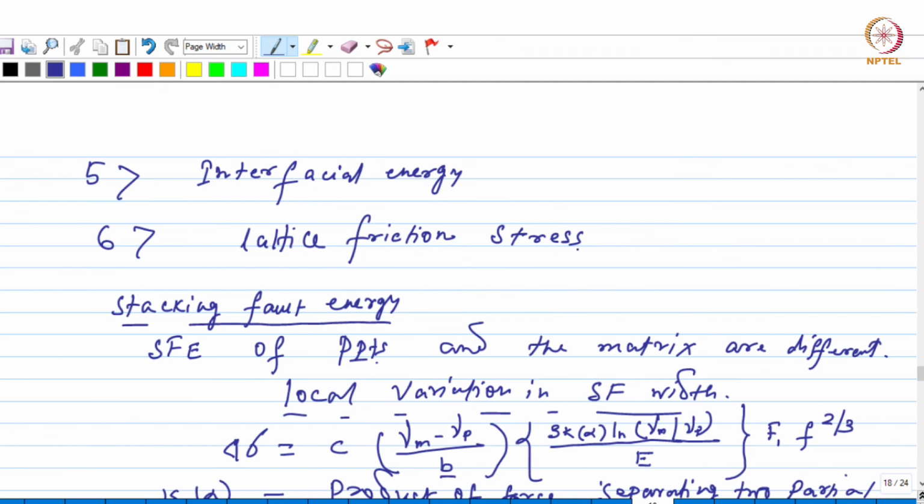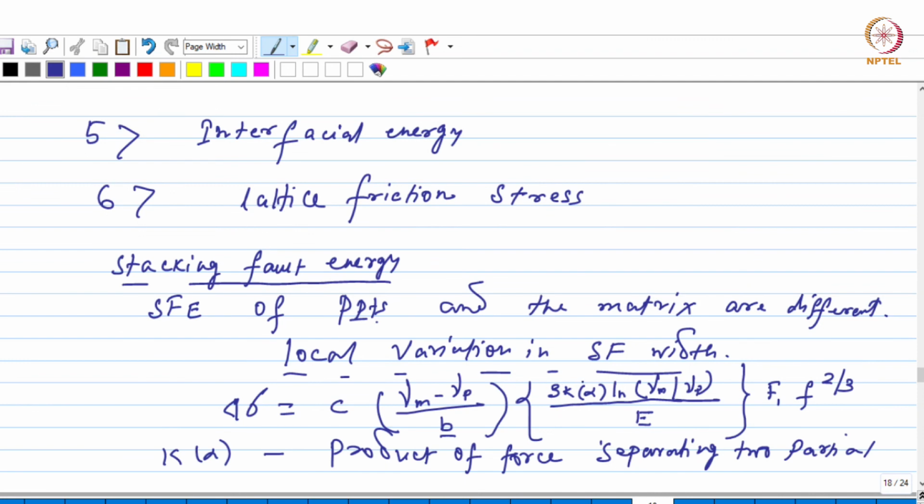And the lattice friction stress comes due to the fact that the lattice friction stress, which is the stress required to move a dislocation through the lattice, is different for the precipitate and for the matrix, and due to this difference there is hindrance to the dislocation motion, and it also contributes to the strengthening.